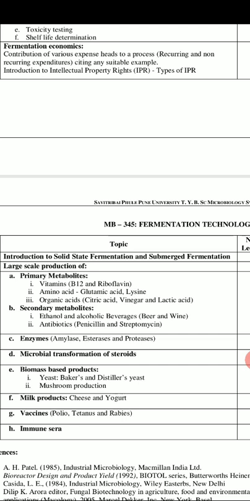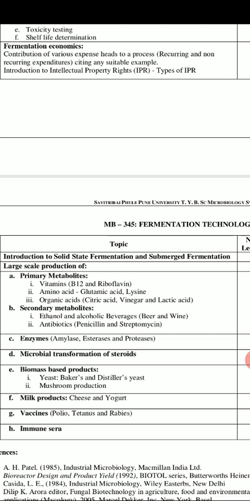By using fermentation process or by using different types of microorganisms, how the production of cheese and yogurts is carried out in less time at the faster rate, that we are going to see. Then we are also going to study the production of different types of vaccines like polio, tetanus and rabies vaccine.